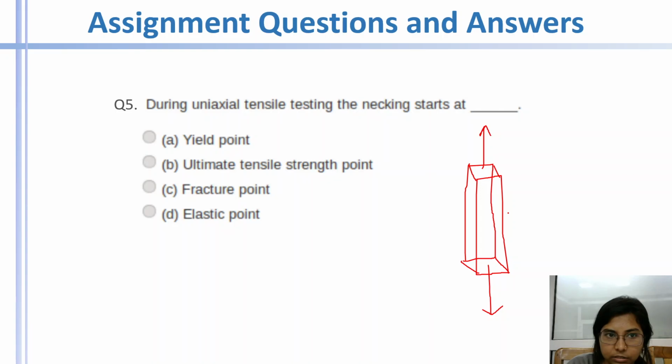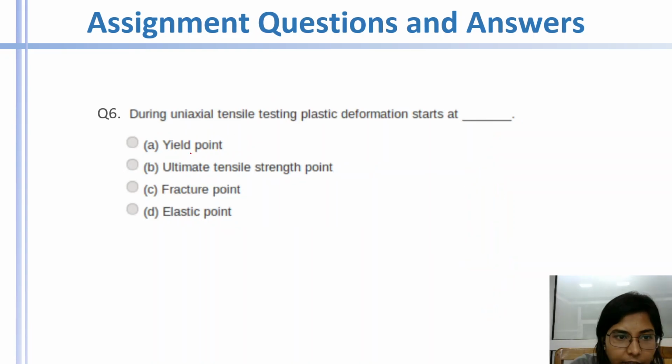So during uniaxial tensile testing, when does the necking start? The answer is the ultimate tensile strength point. And then where does the plastic deformation start? The plastic deformation starts at the yield point.